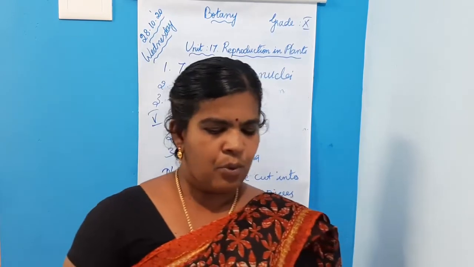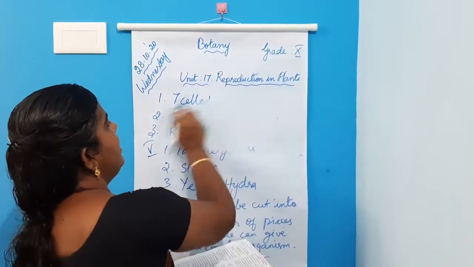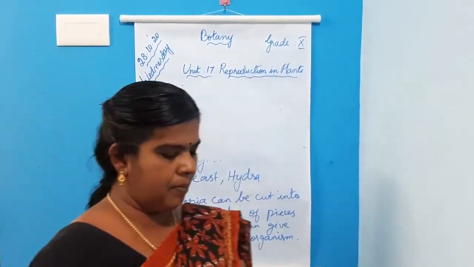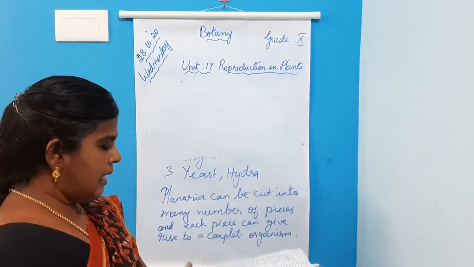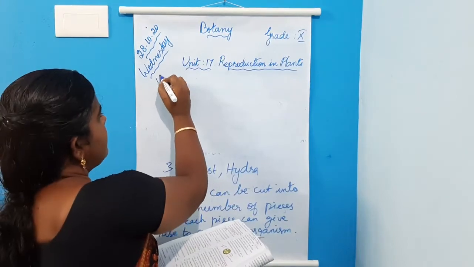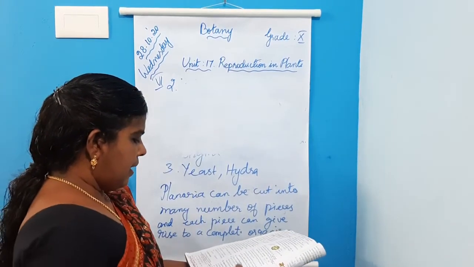Okay. Next, why is vegetative propagation practiced in growing some types of plants? Write down the answer there. Some plants do not produce seeds.